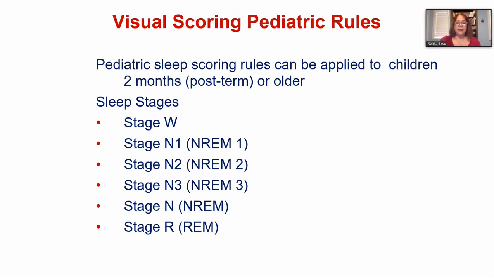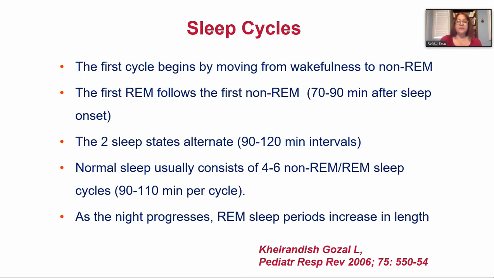So we look at sleep stages: stage wake, non-REM 1, 2, 3, and stage REM. In infants less than 6 months of age, it's sometimes not easy or possible to differentiate between N1, N2, and N3, so we can just stage them as stage N. The sleep cycles start by moving from wakefulness to non-REM sleep.